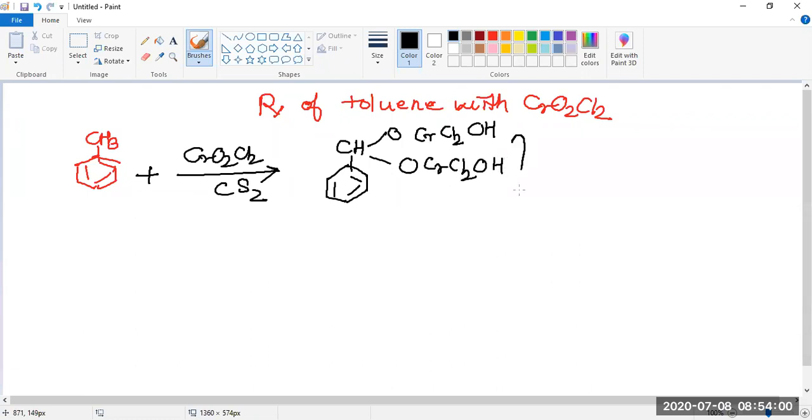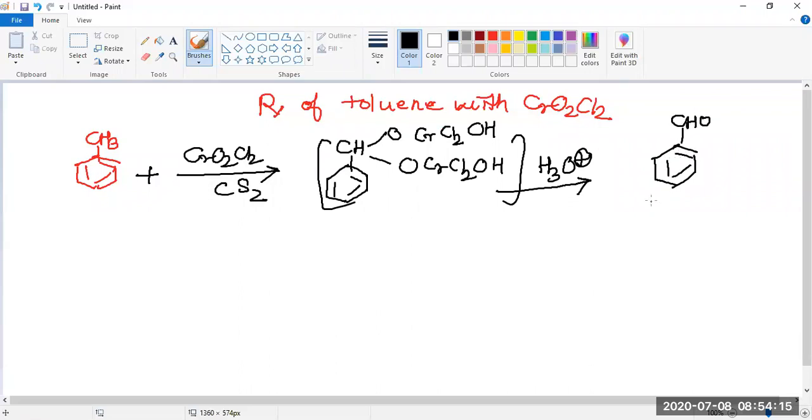This is the intermediate and it is a brown color complex. And upon hydrolysis, this compound is converted into benzaldehyde.